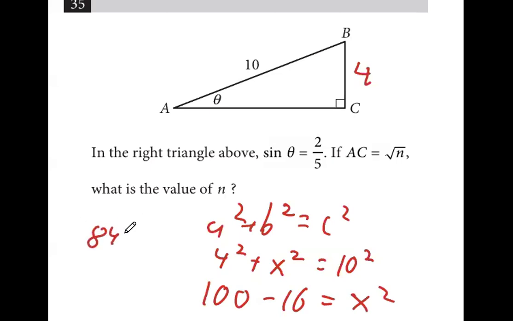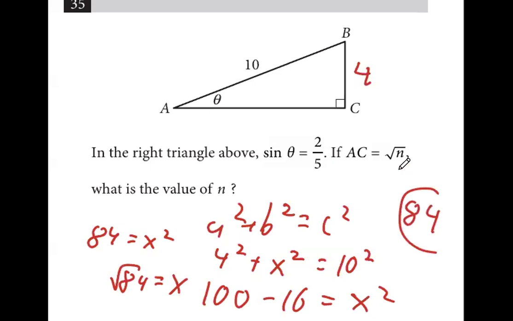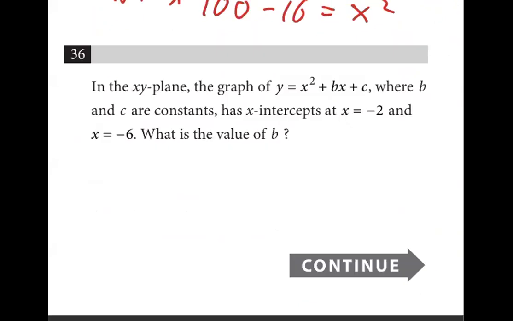So 84 equals x squared. Root 84 equals x. So what is the value of n? In this case, it would be 84, because we know that AC is root n, so the value of n is 84. Okay, question 36.